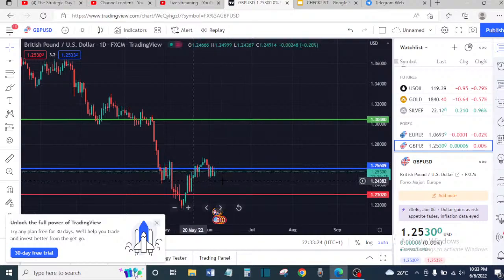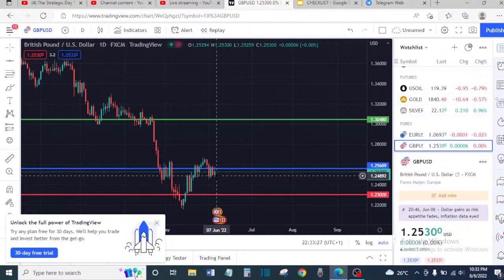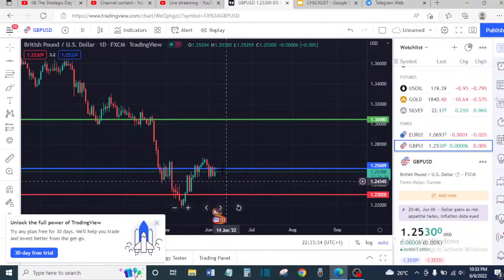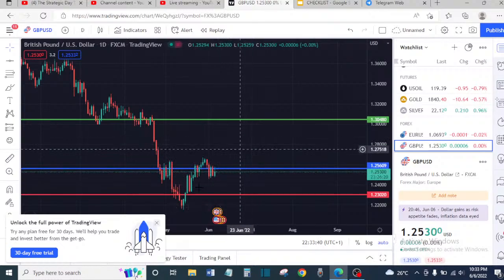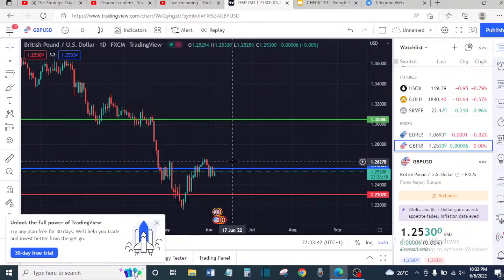Once they clean it out, it may even be a tiny clean out, but once they are able to clean it out, the next thing for you to look for is a move to the upside. Look for a price action and move to the upside, okay.